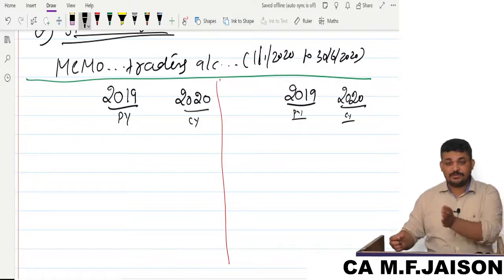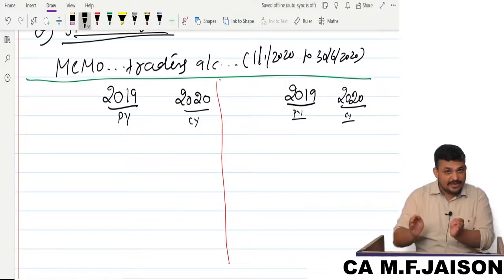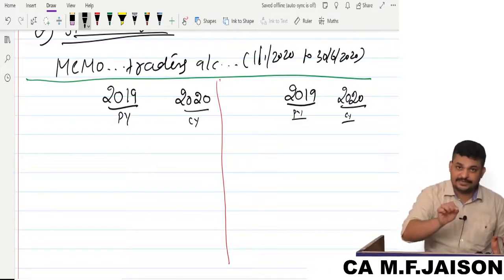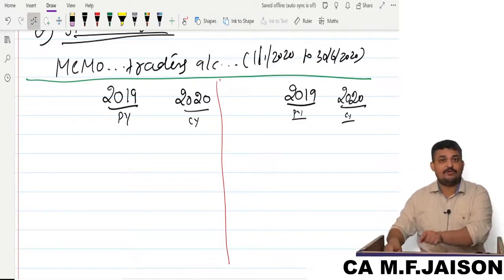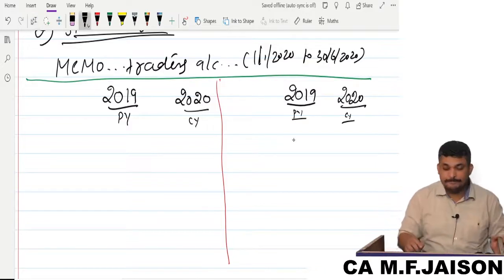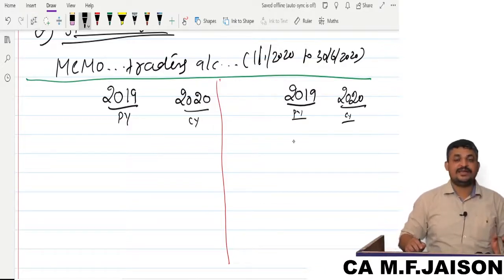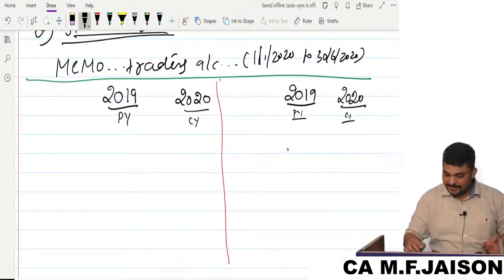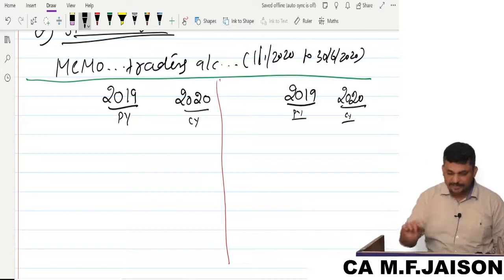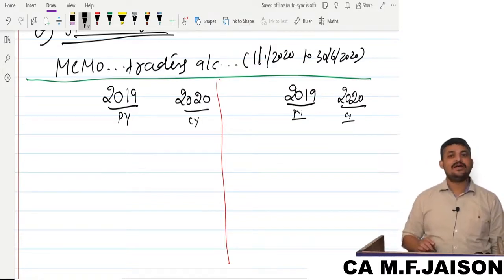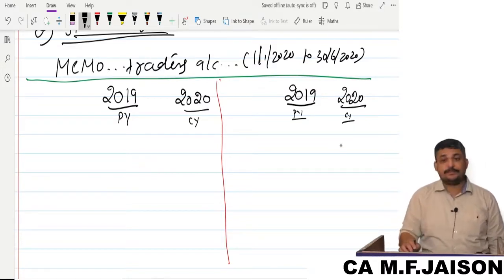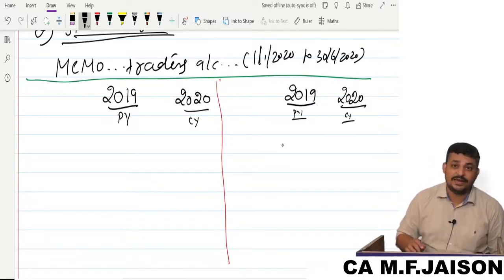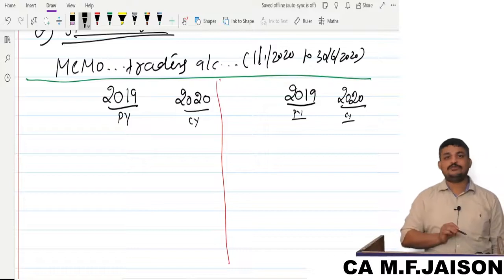The 2020 column will have 2020 information at 2020 price. The 2019 column will have 2020 information at 2019 price, is how you should understand. Both are 2020 columns, but one represents the 2020 price itself, the other represents the 2019 price.